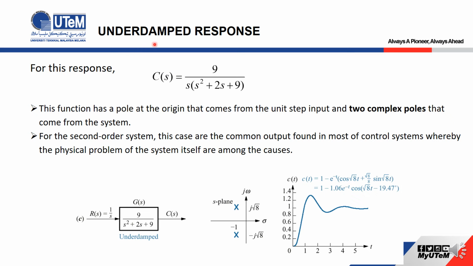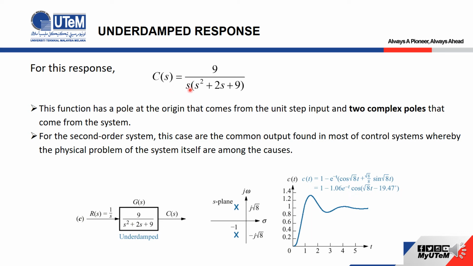Okay, for the underdamped case, let's say we have the response with C(s) equal to 9 over S times S squared plus 2S plus 9. From this function, there is one pole at the origin that comes from the unit step input.